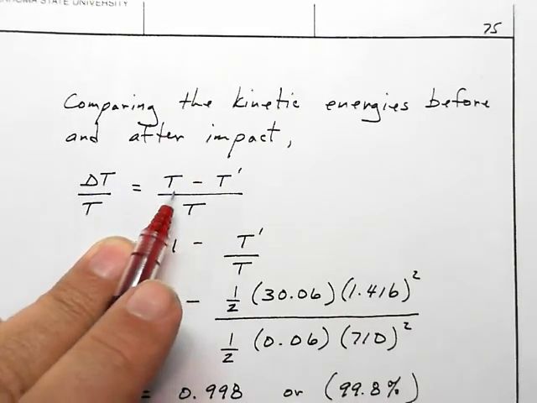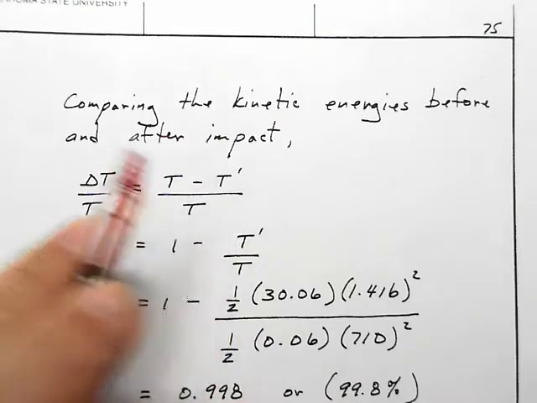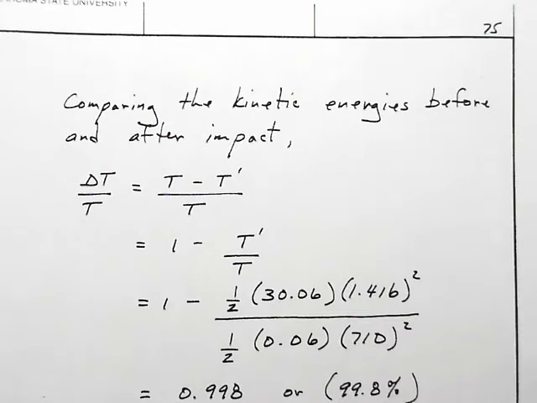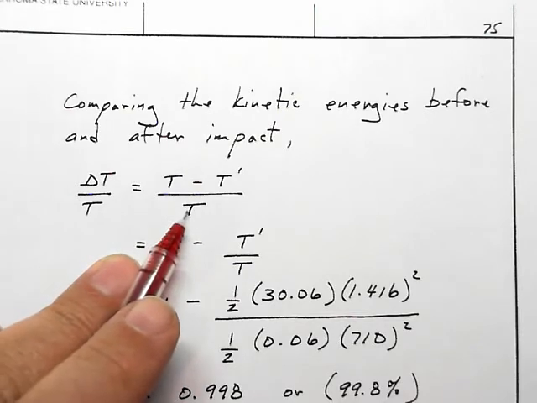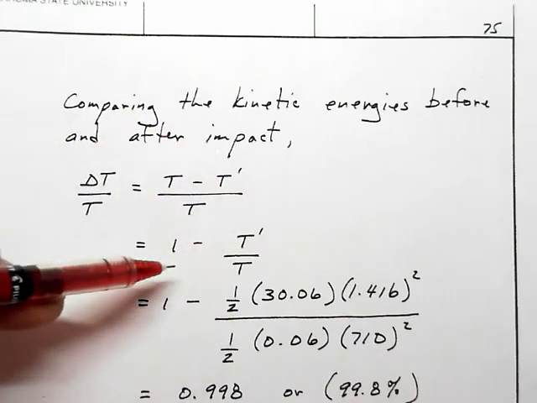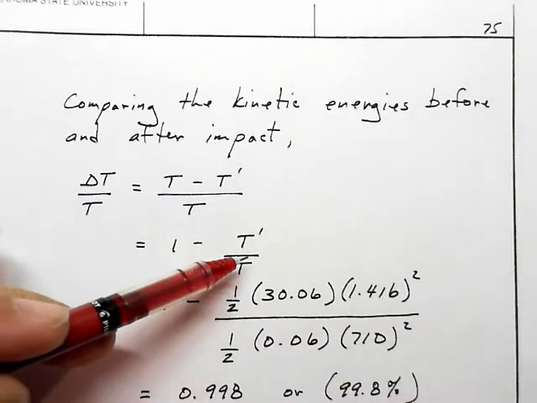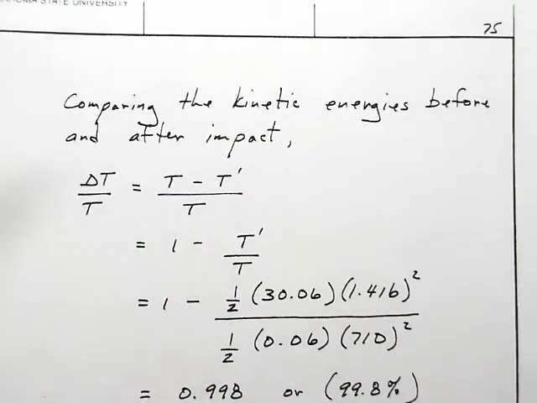T is the energy of everything before impact. T prime will be the energy of everything after impact. Well, this can be written as 1 minus T prime over T. Now, T prime is the energy of everything after the impact.